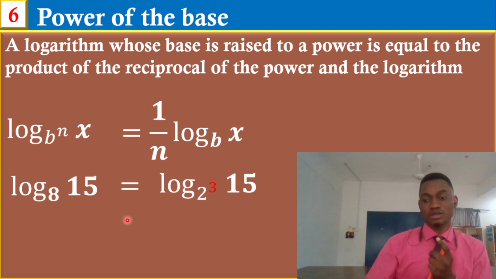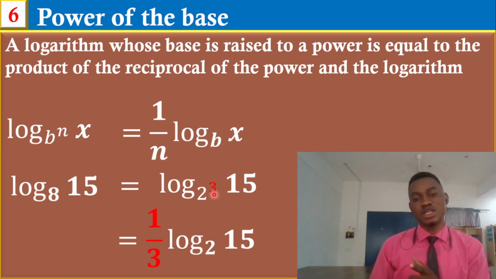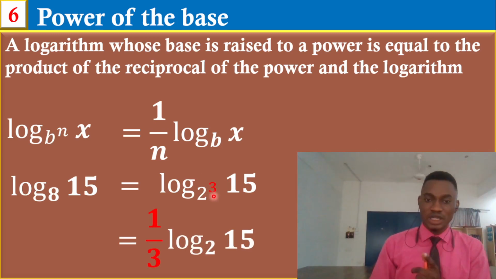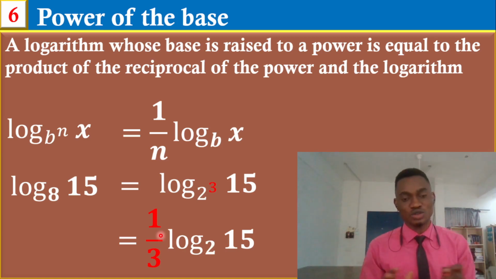We multiply the logarithm by the reciprocal of the power of the base. The reciprocal of 3 is 1 over 3. So we multiply log 15 base 2 by 1 over 3. This is all that you need to do.